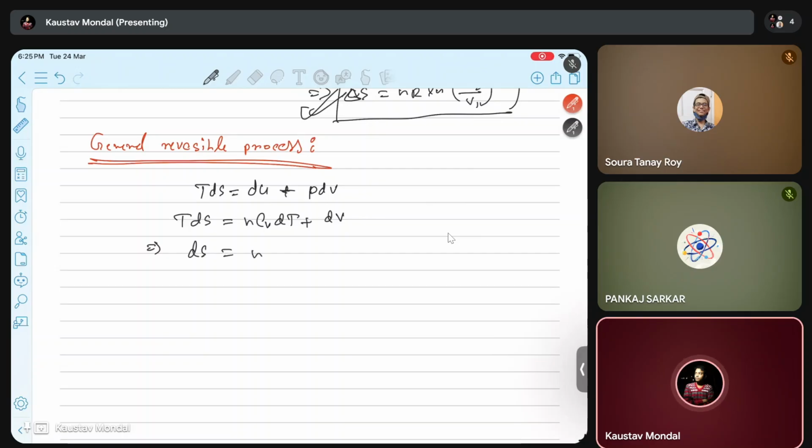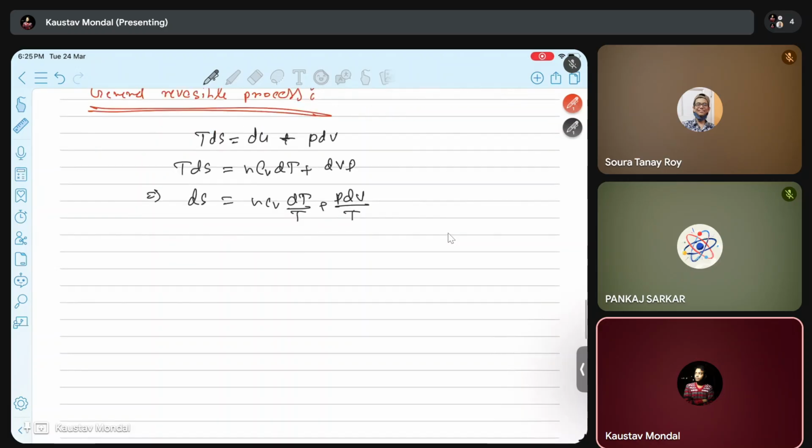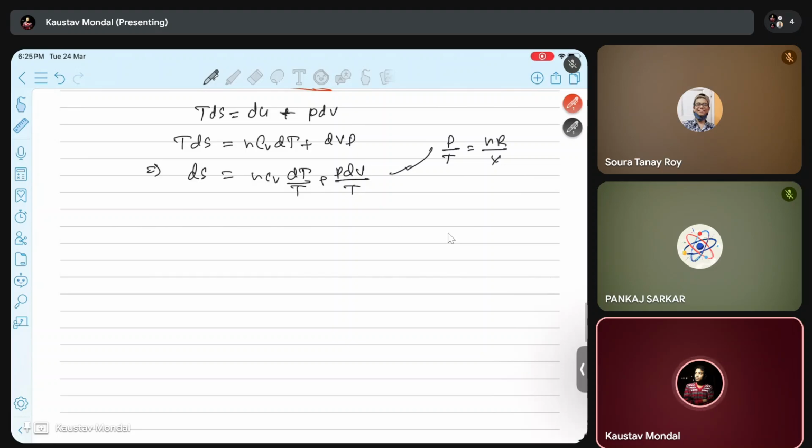So dS is equal to n Cv dT by T plus P dV by T. Similarly, P by T you can write from the ideal gas equation, P by T equal to nR by V, right? So you can substitute this here. If you do the substitution and integrate dS from S1 to S2, you get n Cv integral from T1 to T2 of dT by T and nR integral from V1 to V2 of dV by V.